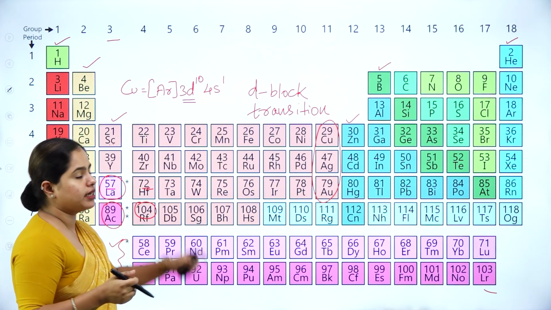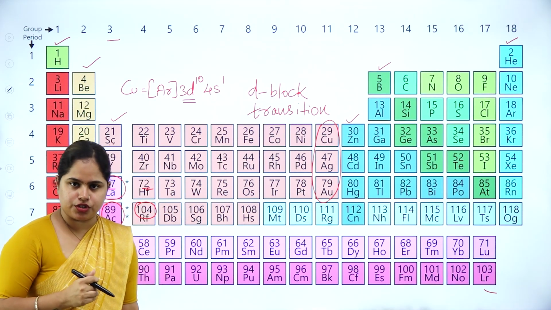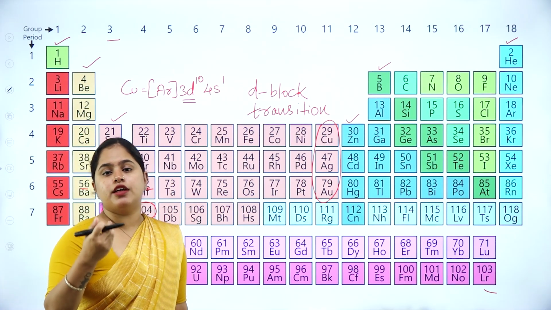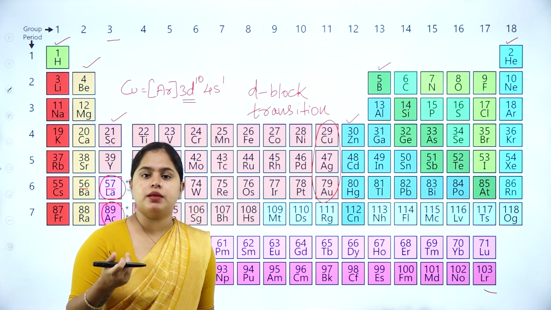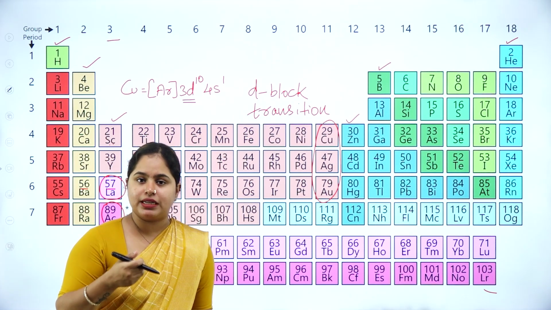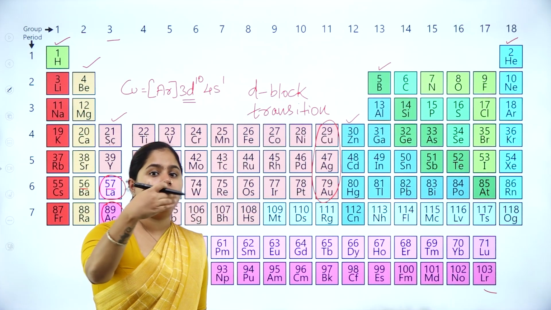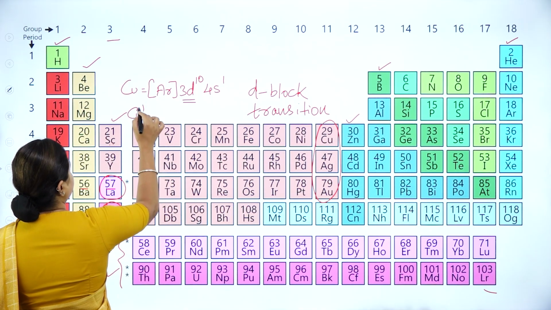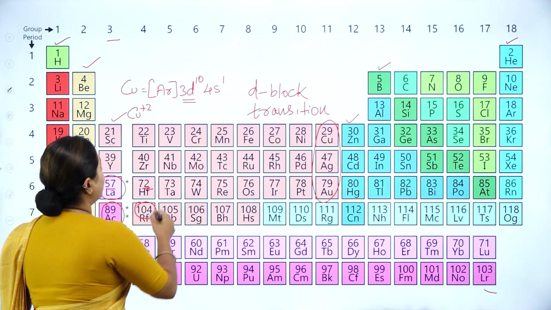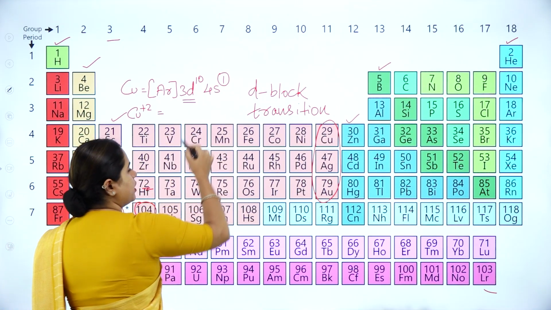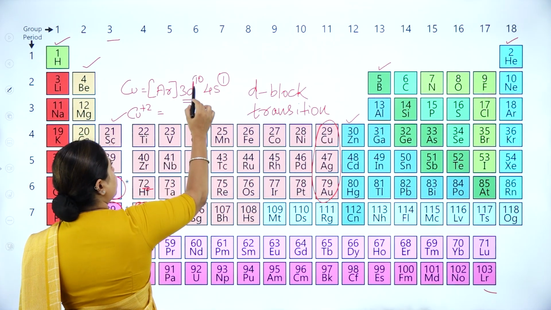You might say that yes, it is not considered a transition element. But copper is considered a transition element because the definition states that transition elements are elements which have incompletely filled D orbitals in their ground state or in higher oxidation states, right? The commonly occurring higher oxidation state for copper is +2. In that case, 2 electrons are removed, meaning 1 electron will be removed from the S orbital and another electron from the D orbital.